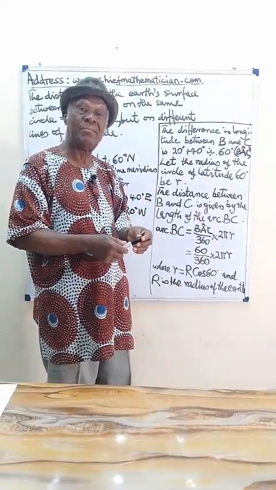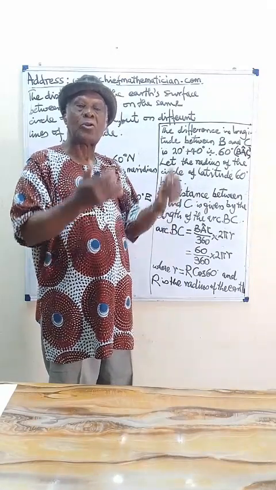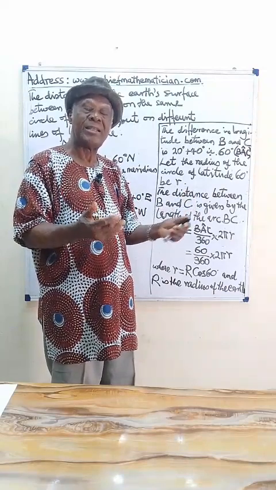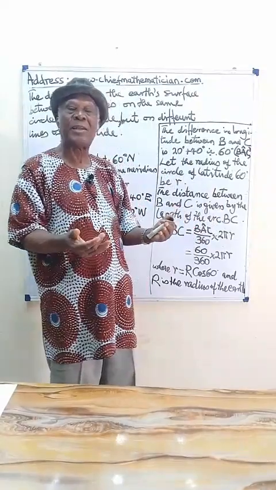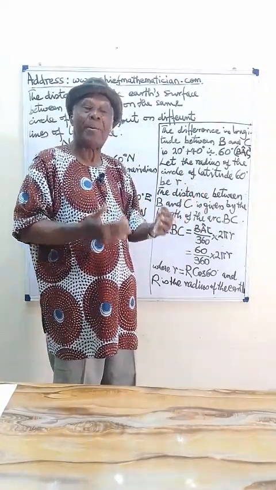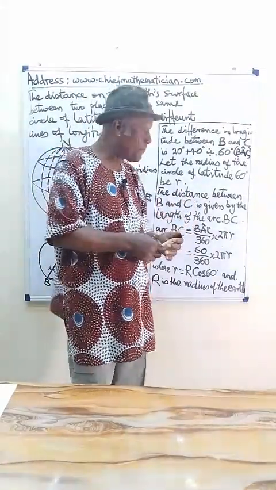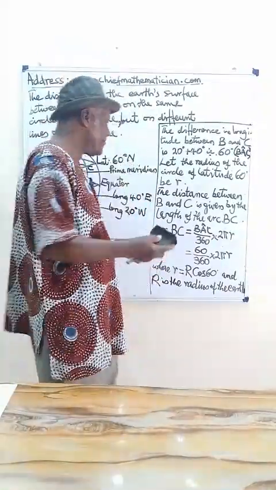In our next lesson, we shall solve some problems as examples to calculate the distance between two places on the earth's surface or any other thing. But before then, I want to point out one or two things.